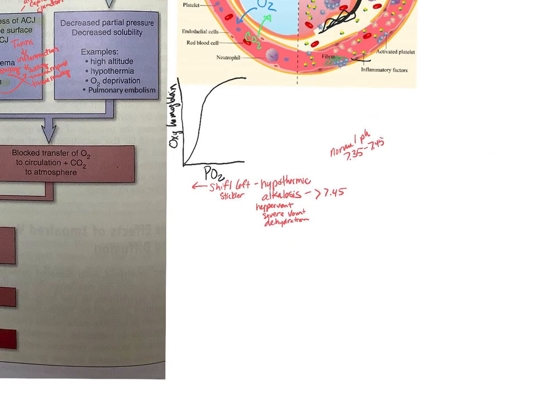And so what we see is this shifts to look more like this. Okay. Versus we can have it shift to the right. If it was hypothermic for one, what do you think is going to happen to shift right?